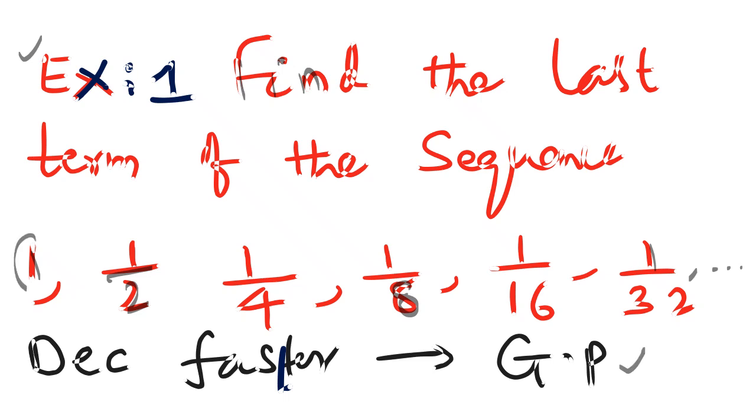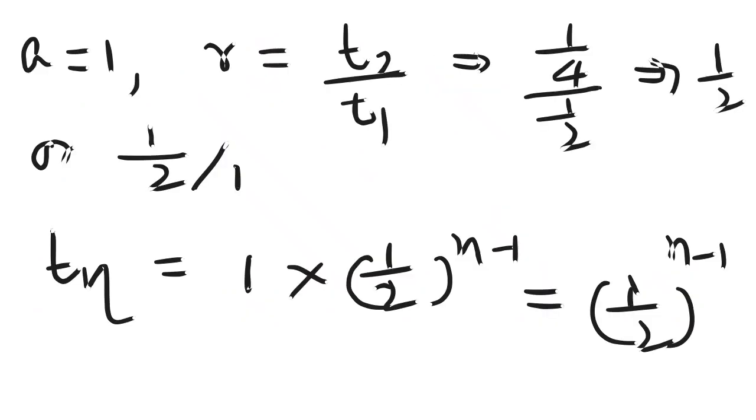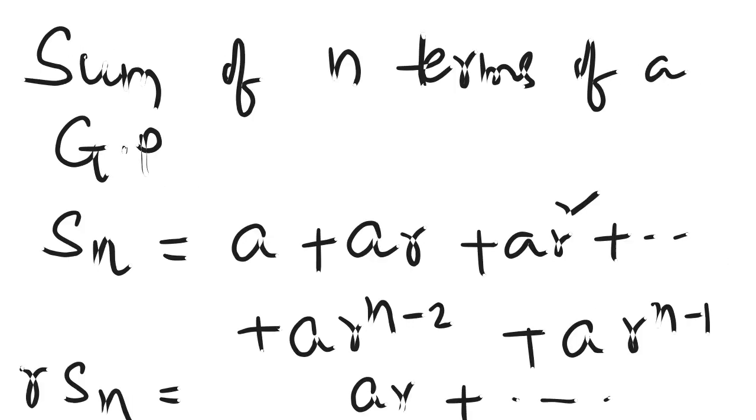The first term is a equal to 1, and the common ratio is T2 by T1, that is 1 by 2 by 1, so the common ratio is 1 by 2. Therefore term n will be 1 into 1 by 2 to the power n minus 1, or 1 by 2 whole power n minus 1. This is one example for the last term.